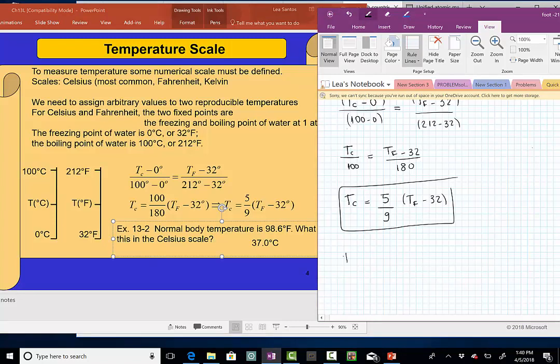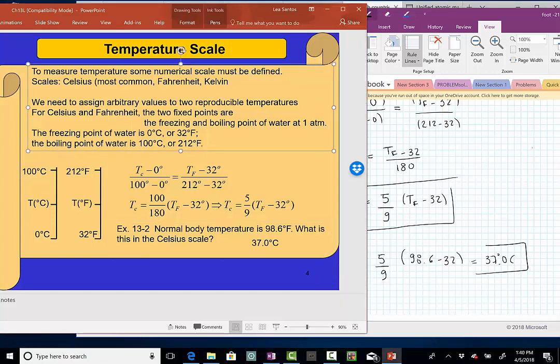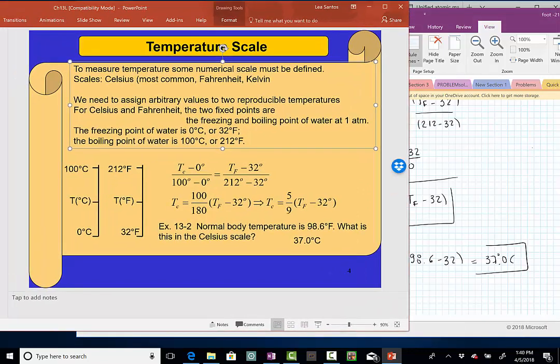We want to find the temperature TC, and we have everything else. 5 divided by 9, and instead of the TF, I'm going to put 98.6 minus 32. Solve this problem, and you're going to get 37 degrees Celsius. Okay, so let's stop the video here, and we are going to continue soon.